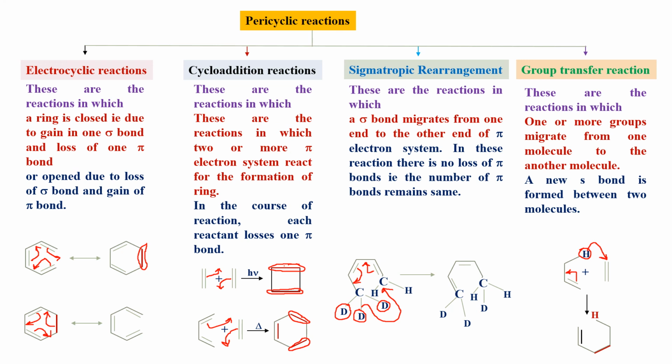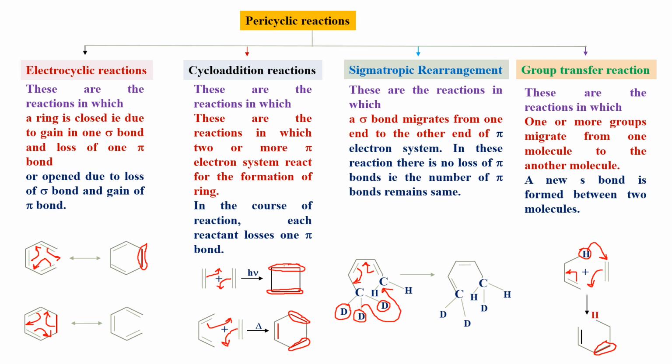As soon as this group is transferred, this pi bond will be shifted as a sigma bond here between the 2 molecules. So we can represent this new sigma bond in red ink.